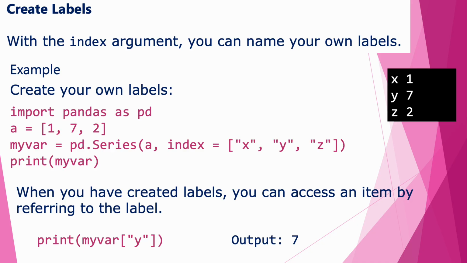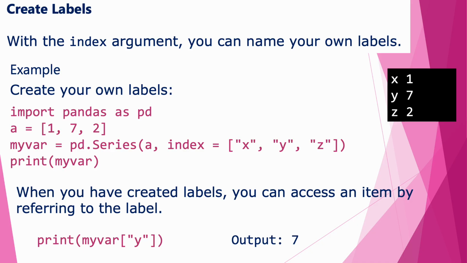Now if you want to create a label, this is how you do it. The first two steps you have already done, that is import pandas as pd. Then you create a variable, an array. Then you are going to create the series, and remember, when you create the series, the S is capital. The first S of Series will be capital, and you are going to create the series with the value a.